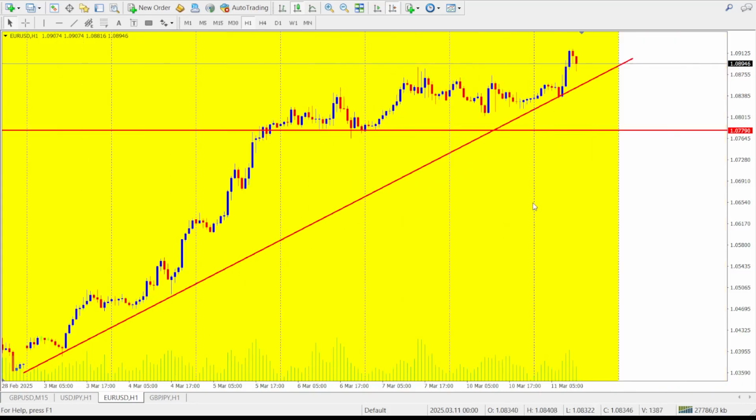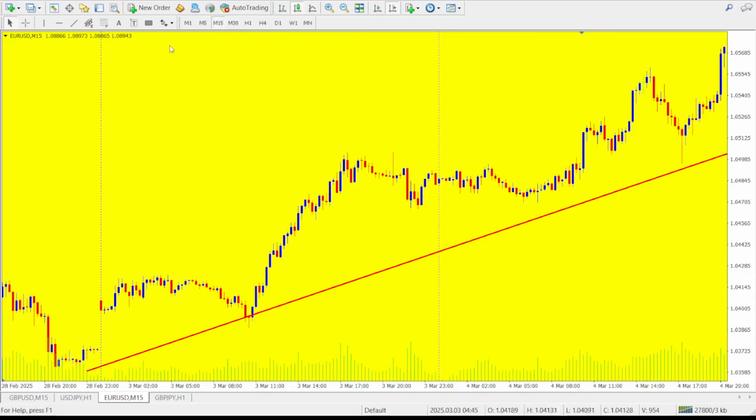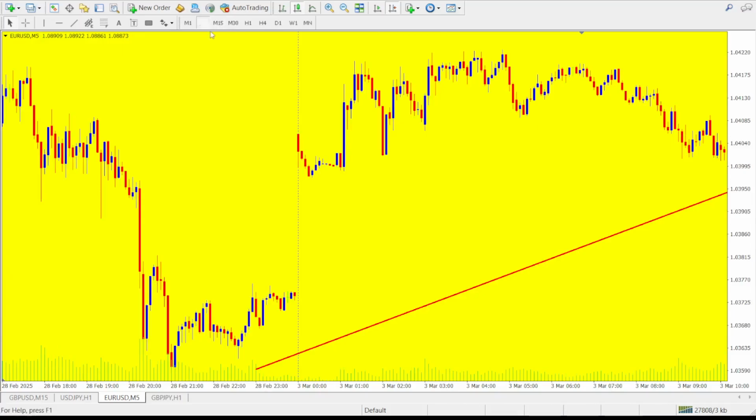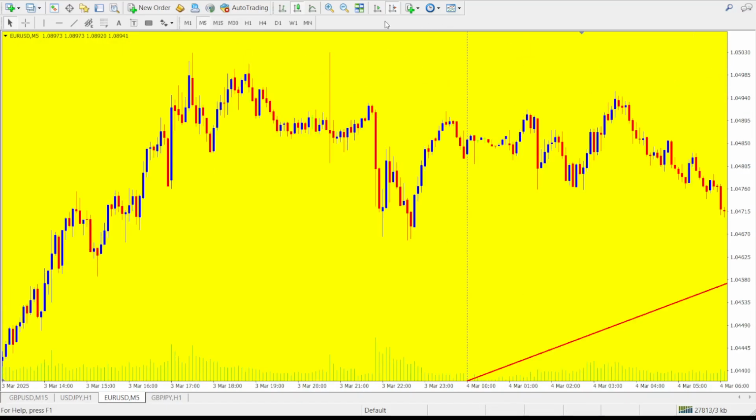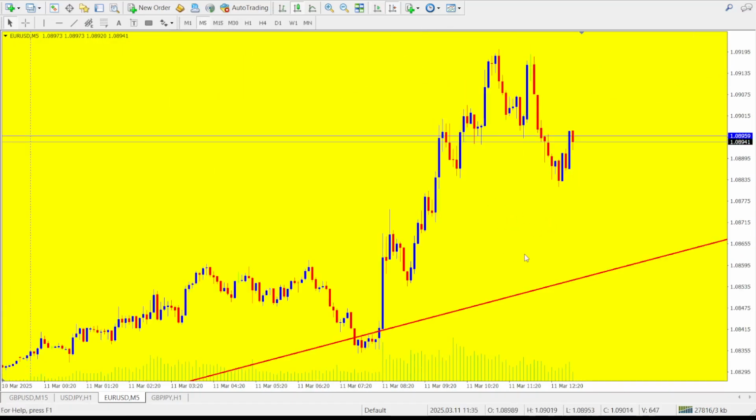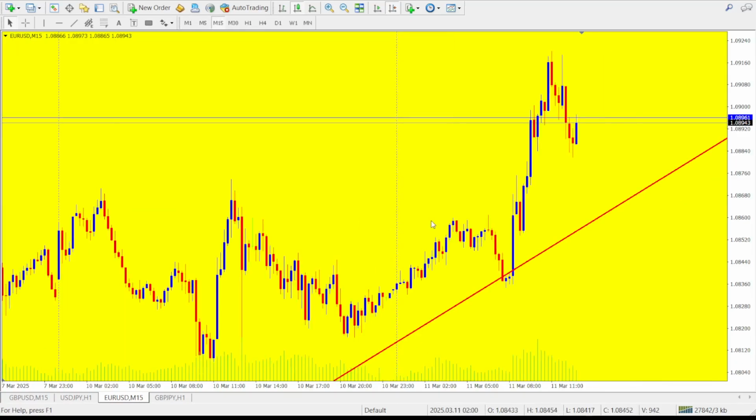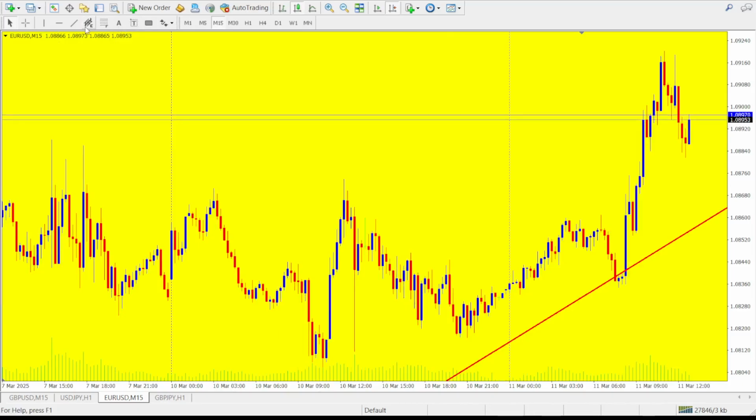Then the next step is to use the lower time frame for precision. Zooming into the 15-minute or even the 5-minute chart helps you to get the most precise entry and exit points. This is where you make your trade. You've already identified the trend on the higher time frames, and now on the lower time frame, you are looking for the right moment to pull the trigger. So on the 15-minute chart, maybe you see a breakout above a short-term resistance.